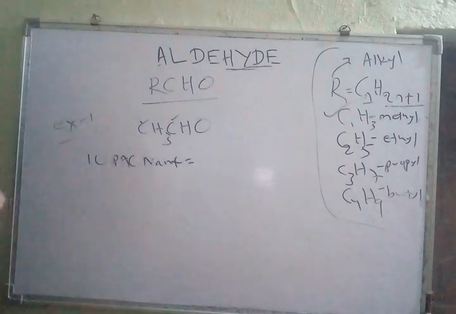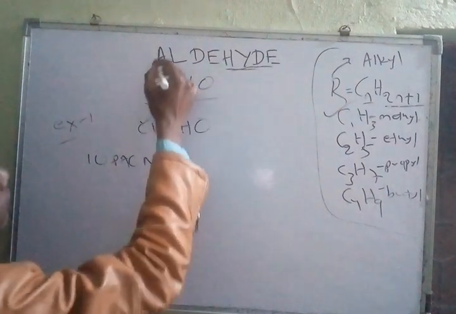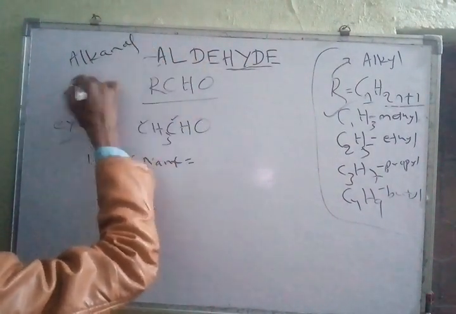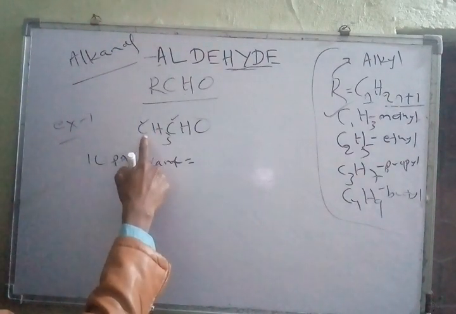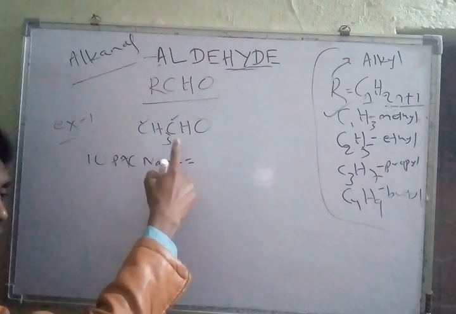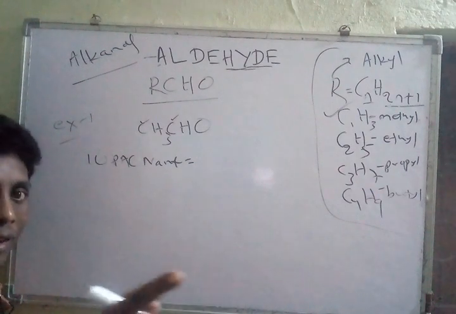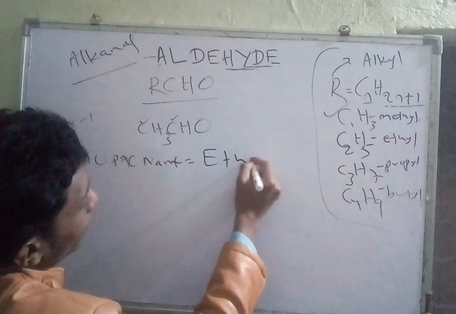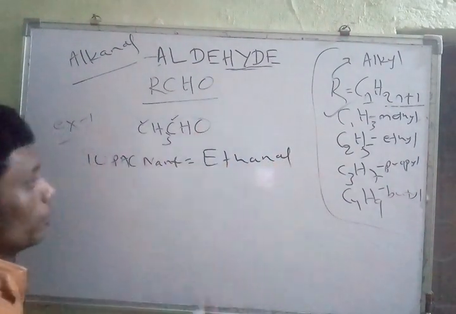It is very simple. The IUPAC name of the aldehyde is alkanal, and here there are two carbon atoms, and the alkane with two carbon atoms is ethane. So your name is ethanal. This is the IUPAC name.